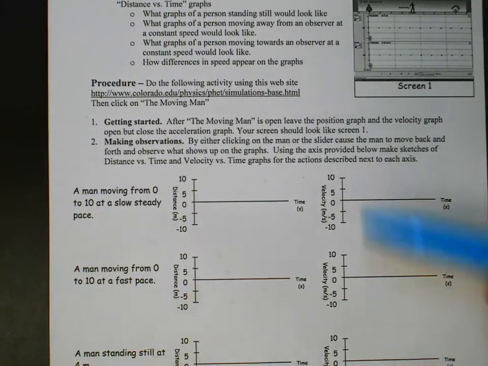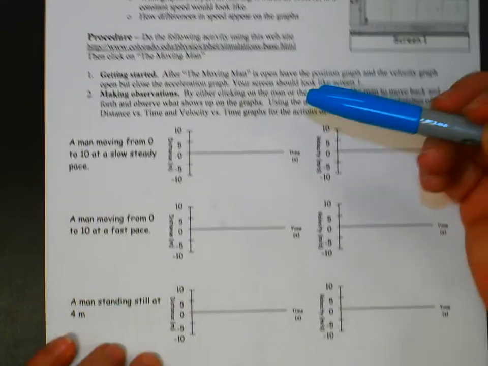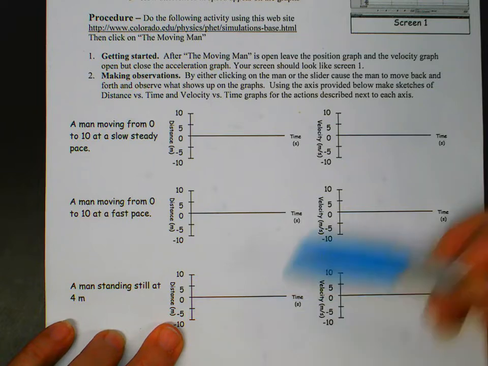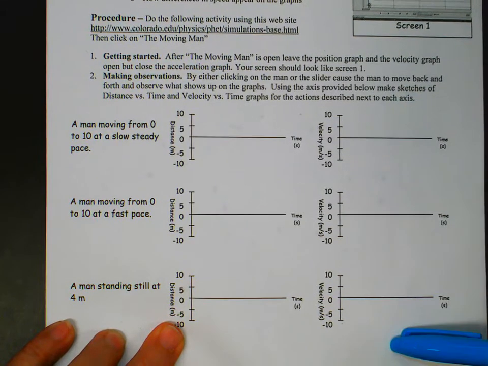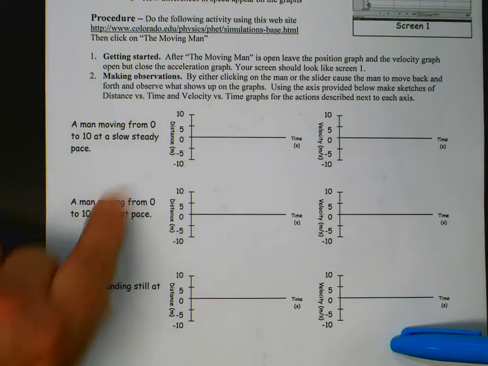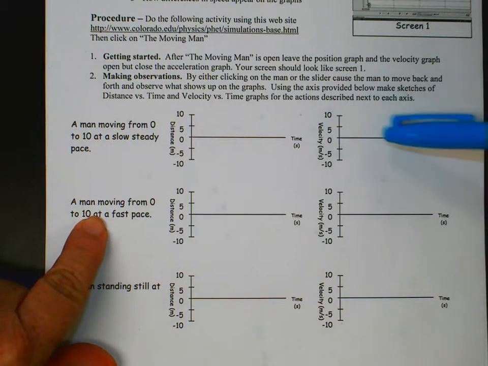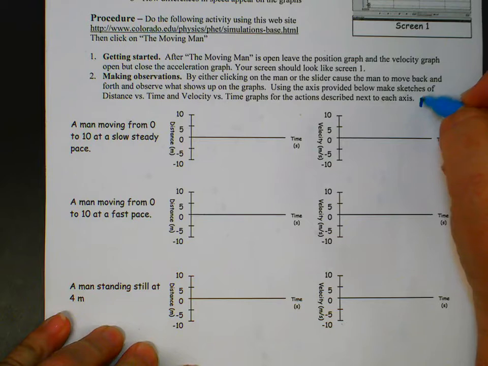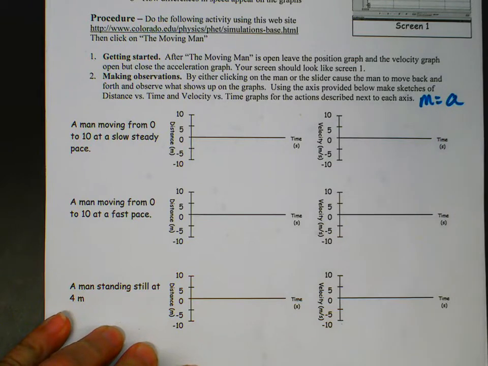So when you do the graph, this part right here will look like what you did last time. On these graphs, instead of distance versus time, you're going to do velocity versus time. So what you're actually calculating over here, the slope of the line will equal acceleration.